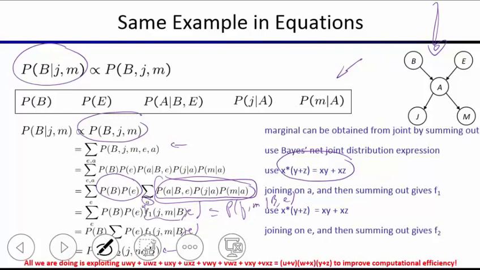But mathematically speaking, you could just as well write P, J, comma, M, given B, comma, E, as well as F1, J, comma, M, given B, comma, E. They're the same. Any other questions about the correspondence between the mathematical derivation and the mechanical execution of variable elimination?